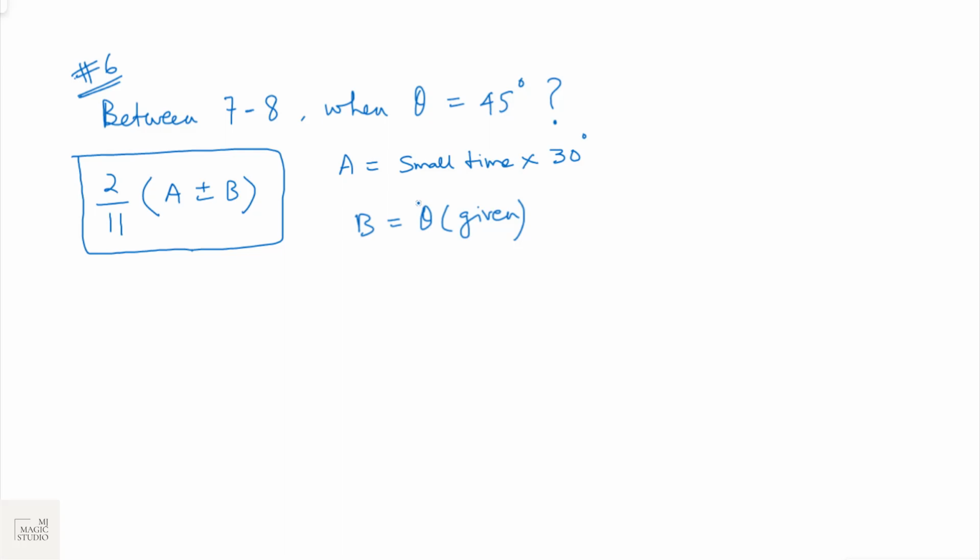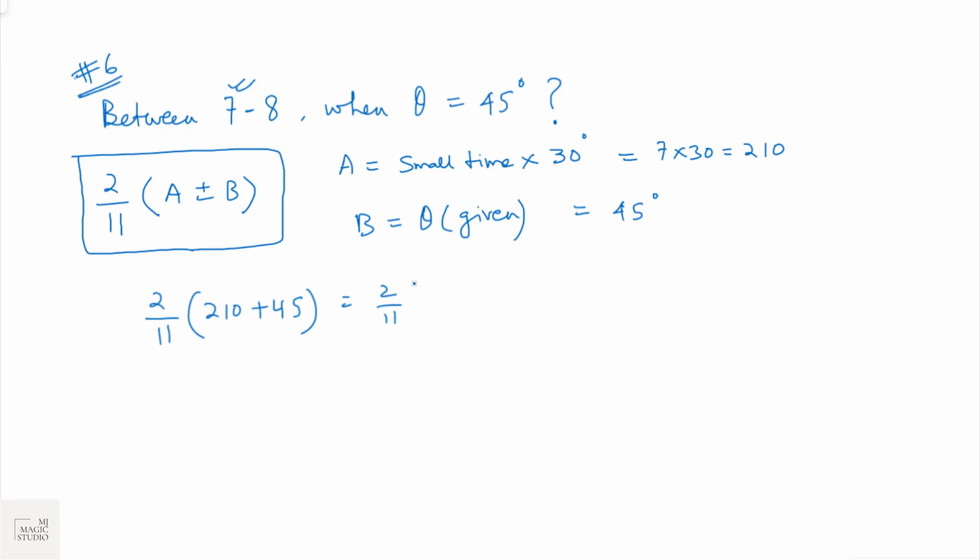So between 7 to 8, when is the angle between minute hand and hour hand 45 degrees? Let's first find the value of A. A is the small time, which is 7. 7 into 30 is 210. And theta given to us is 45 degrees. So let's find 2 by 11 of A plus B, 210 plus 45.